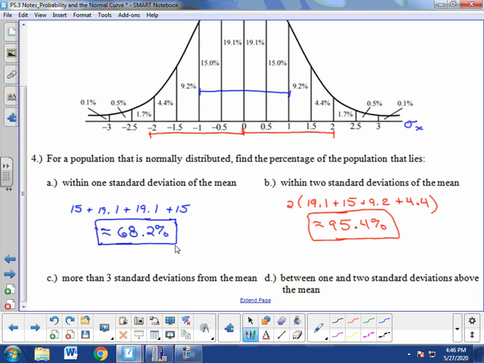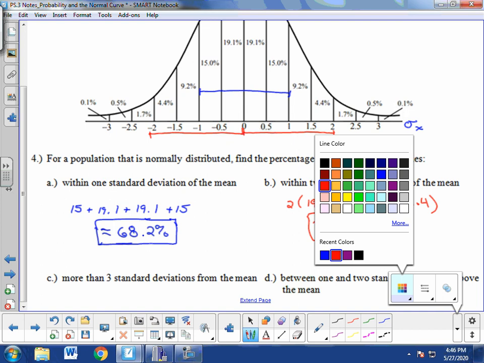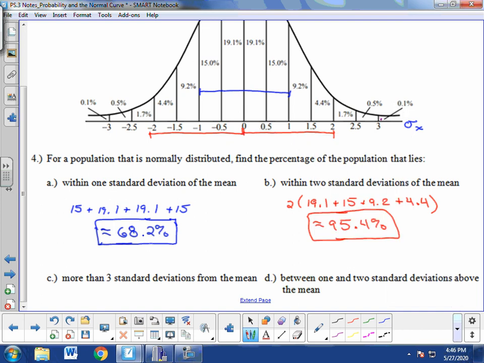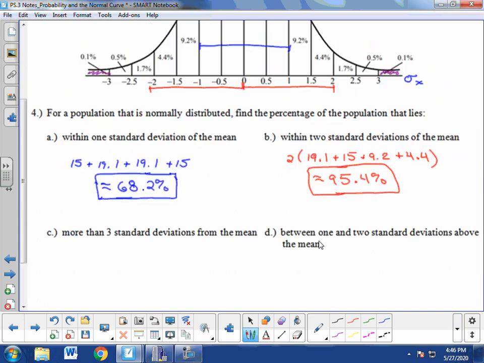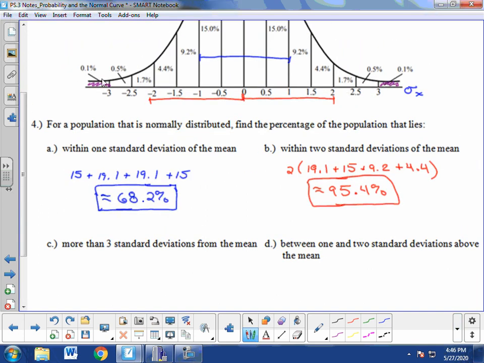It says, also find the percentage of the population that's more than 3 standard deviations from the mean. So basically what we're looking for in this one is just this little end there and this little end there. And so we can see that more than 3 standard deviations, there's very little space under that curve.